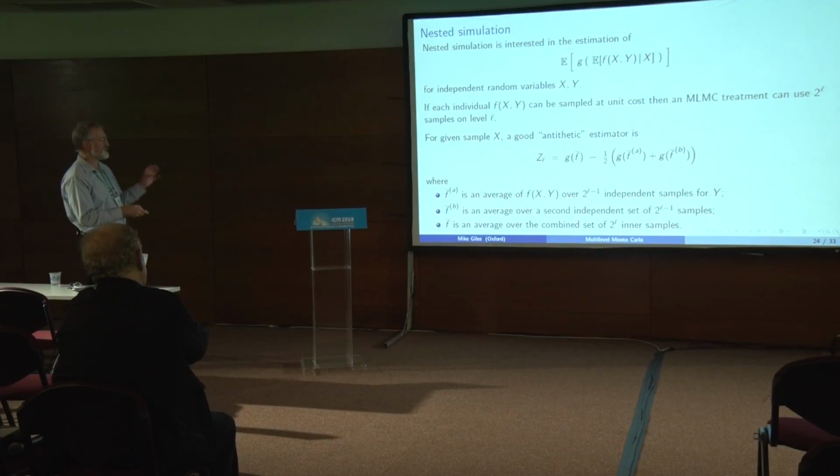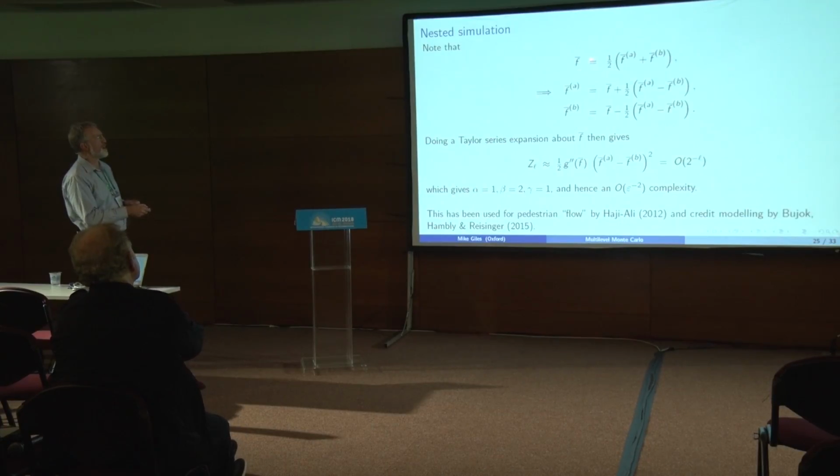And why is this a good combination? Well, the overall average f bar is the average of the two independent coarse approximations, f bar A and f bar B. And so with a bit of rearranging, I get this. And so relative to f bar, the f bar A has this error, the f bar B has the negative error.